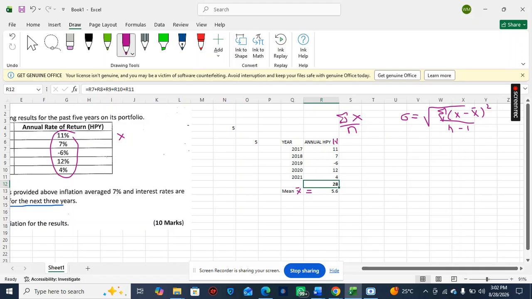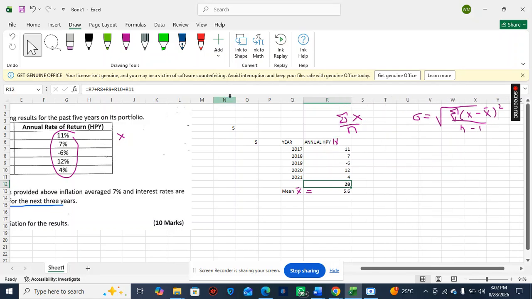Our returns, the annual HPYs, will be represented as x. Any questions?